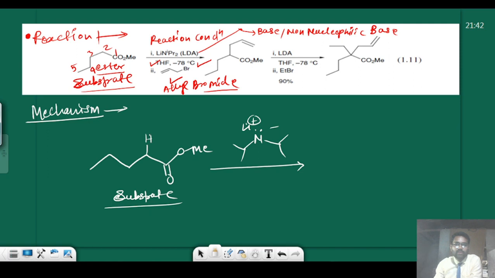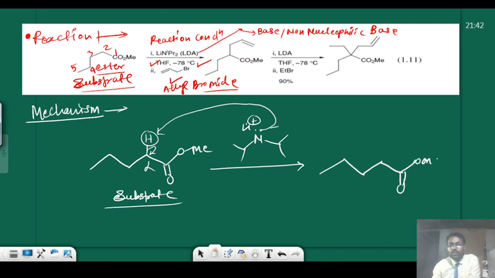That means it will not act as a nucleophile at all. It will simply take the proton from the alpha carbon of this ester. There is a formation of an anion on this carbon, with OMe.